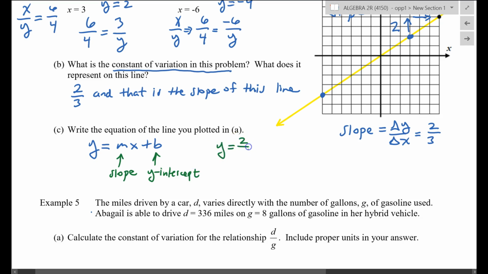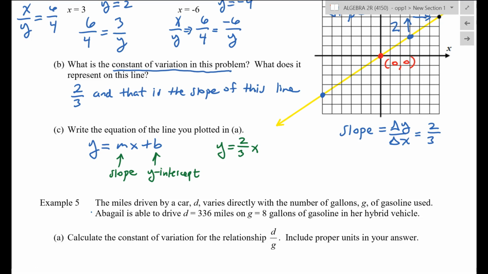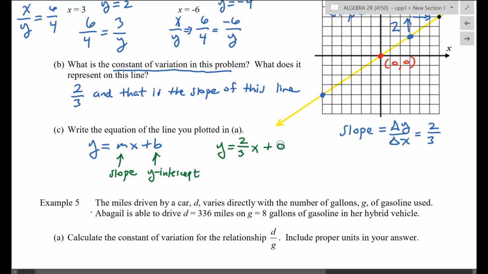The slope was 2/3. Where does this graph cross the y-axis? At the origin, right? So what's my b value? It's 0. Now I'm going to put the 0 there just to emphasize, and then we'll write that as our final answer, right?